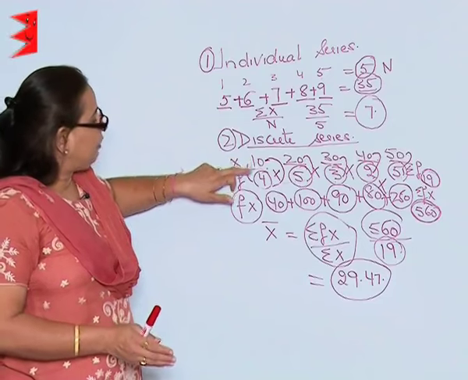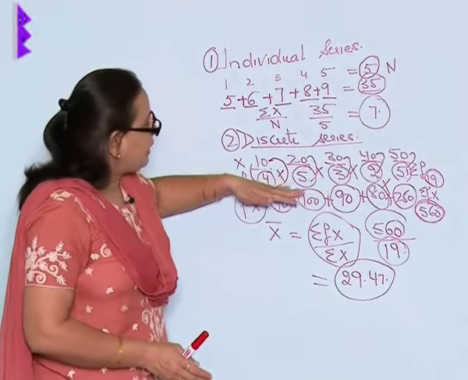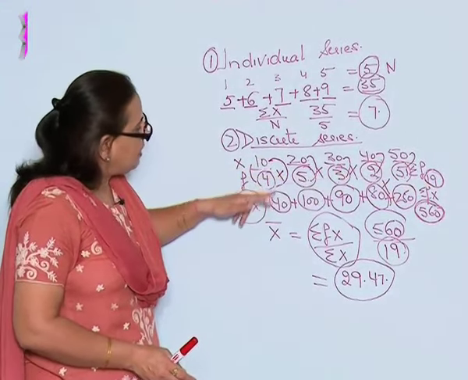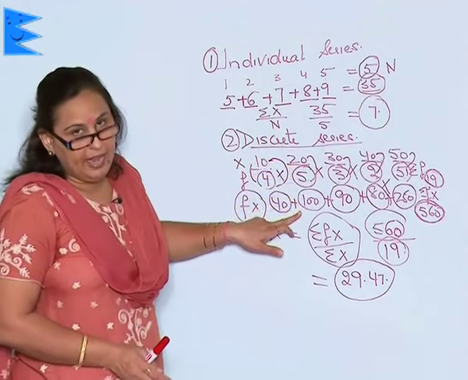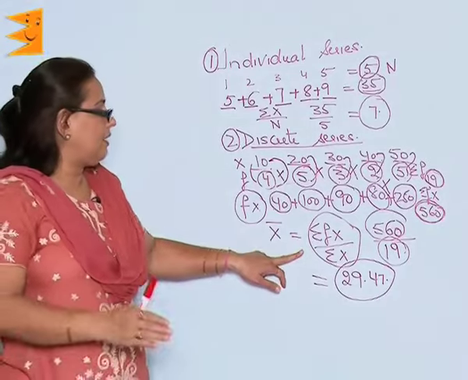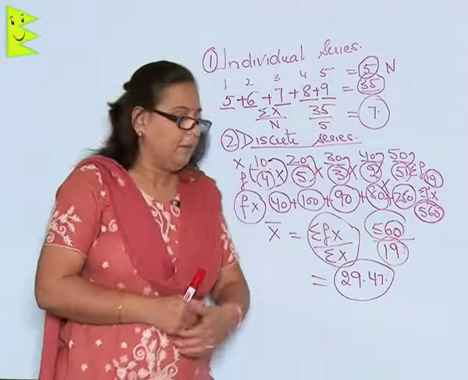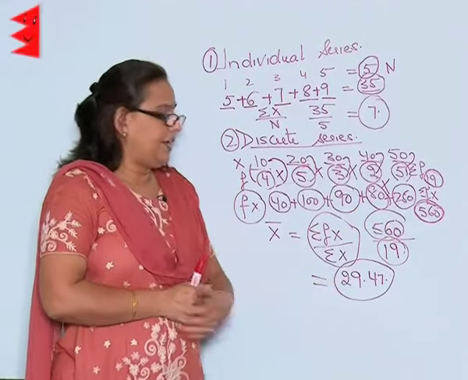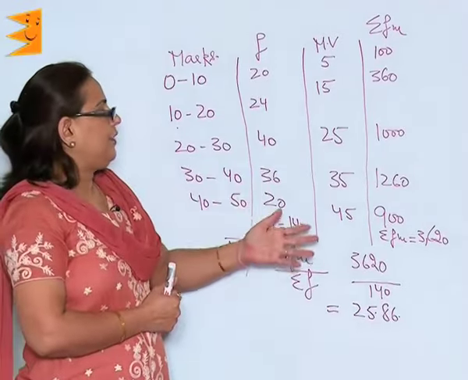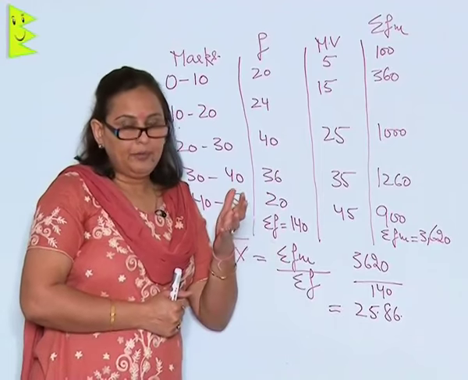So thus we will have to calculate both the frequencies which have existed and the total sum of the marks which have been gained by them, and thus calculating sigma fx upon sigma f will give me 560 upon 19, that is 29.47.